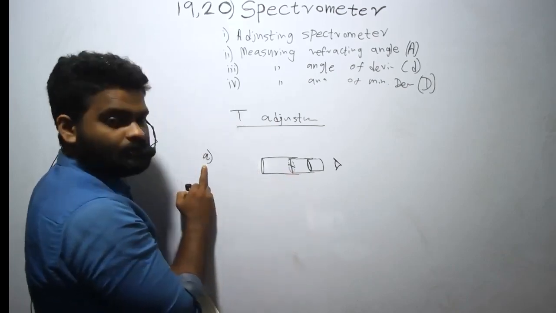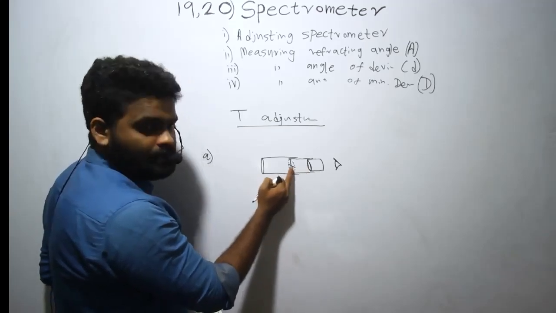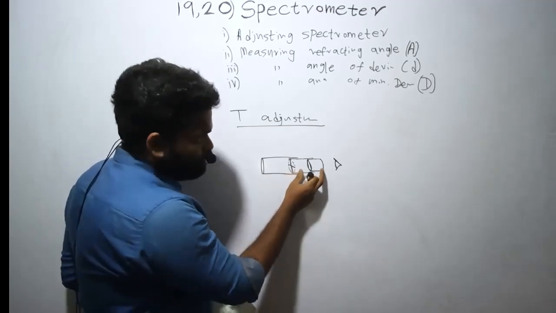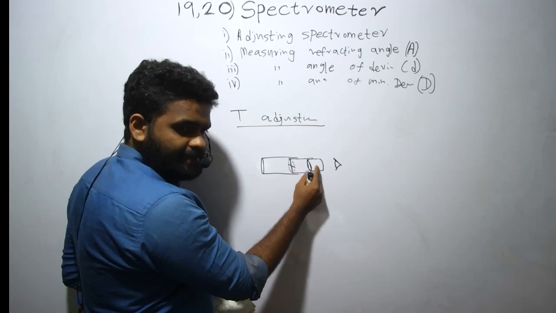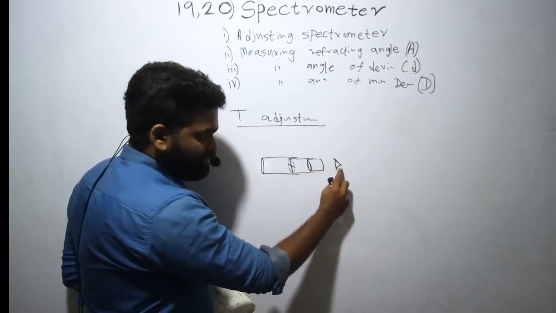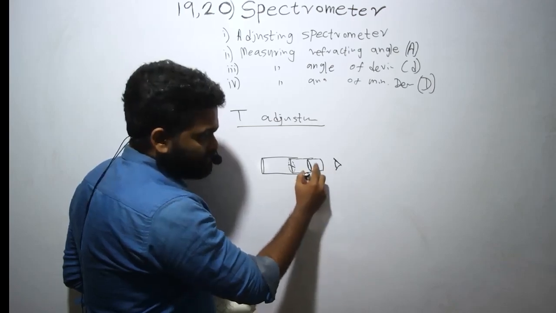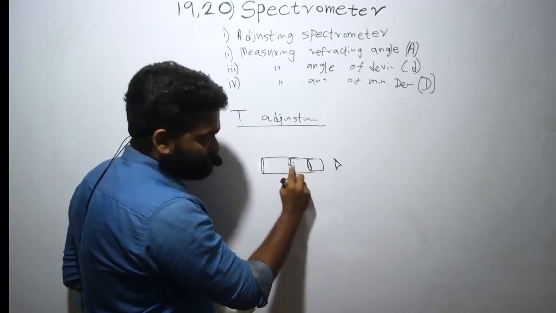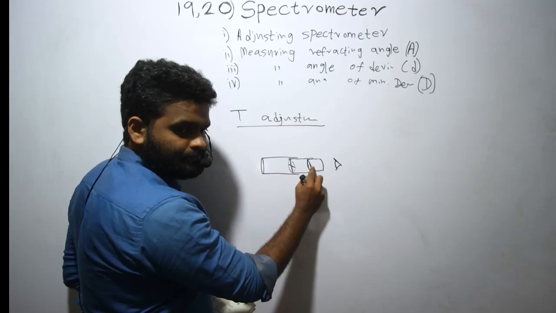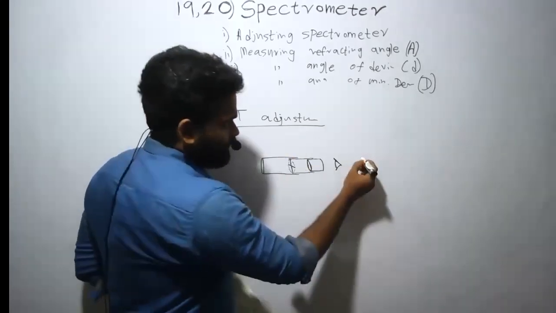We'll call that simple A. You can actually move these by hand. Looking through here, you can change the distance between the cross wire and the eyepiece.